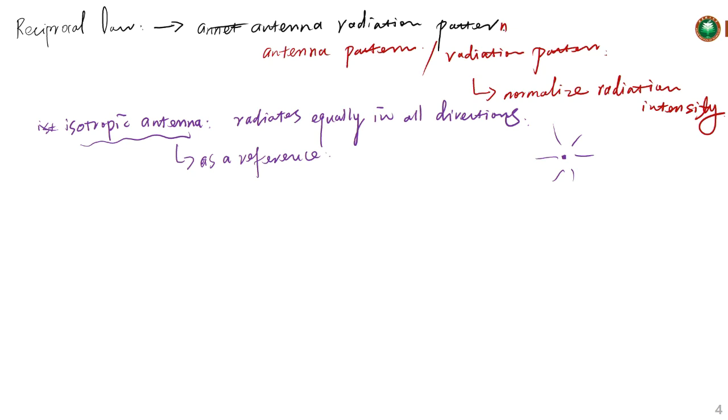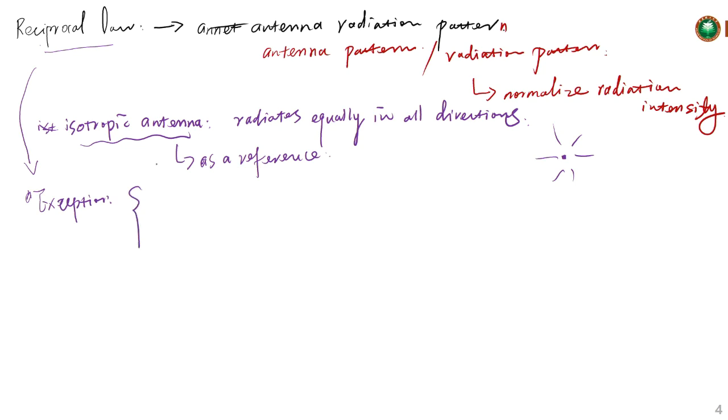And we need to note that antennas follow the reciprocal law, but there are some exceptions. The exceptions are of two kinds.